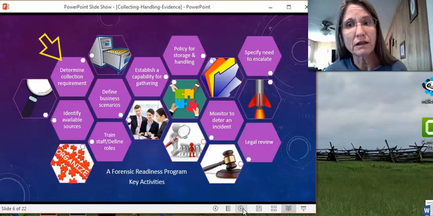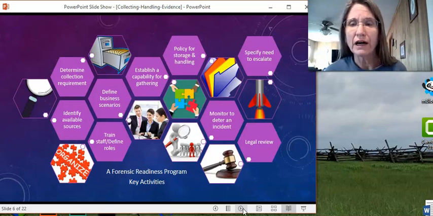What data needs to be collected? Where is that data? Where should it be? If it is moved from one place to another, what types of care need to be taken for that transfer?